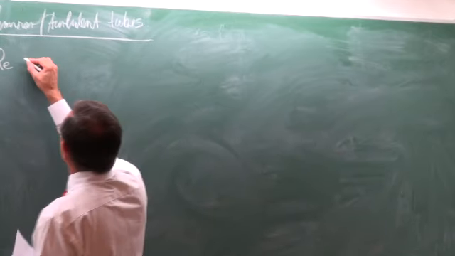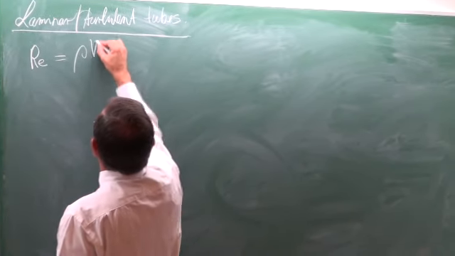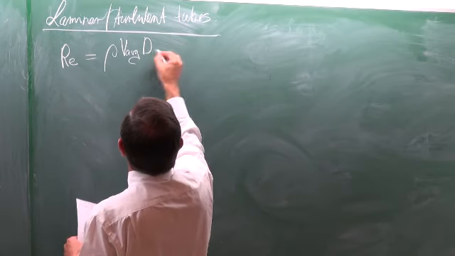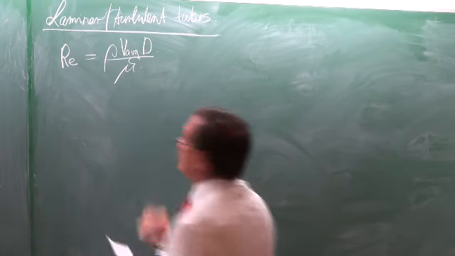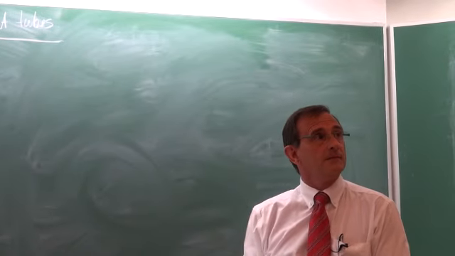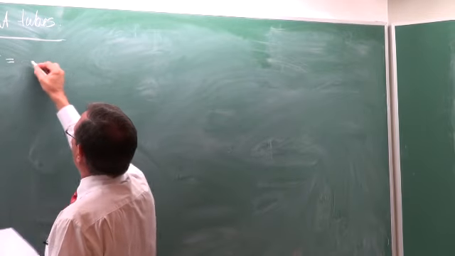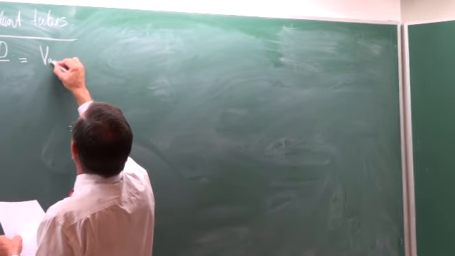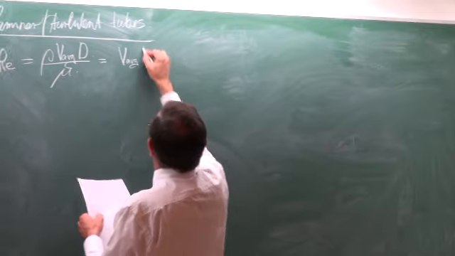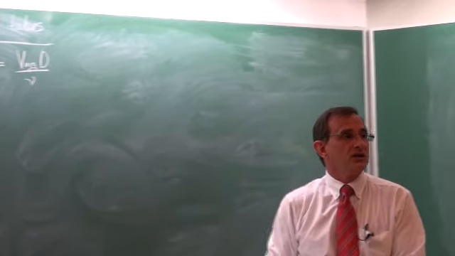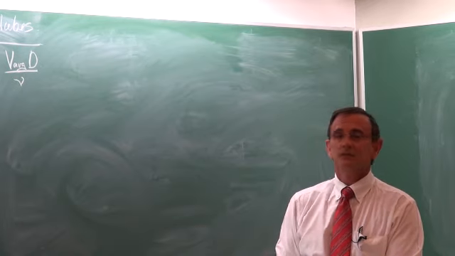The Reynolds number is equal to rho multiplied by the average velocity multiplied by the diameter divided by the viscosity. Or we can write it as the average velocity multiplied by d divided by the kinematic viscosity.